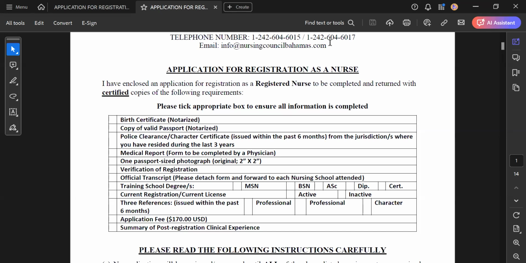The character reference preferably should be your pastor, or it can be a police officer. It can be your registrar in your school, your former school. A military officer can do that. It should be somebody prominent or somebody well respected in society.